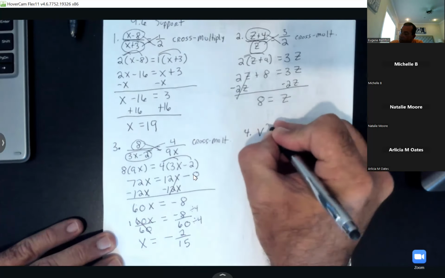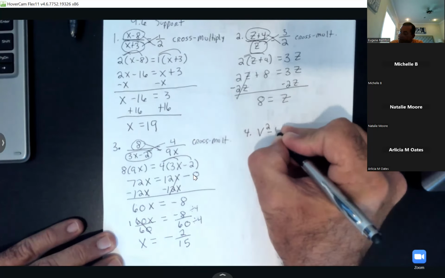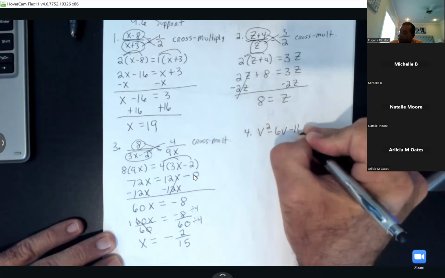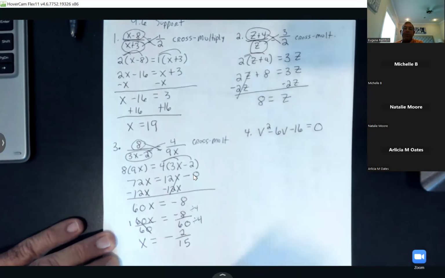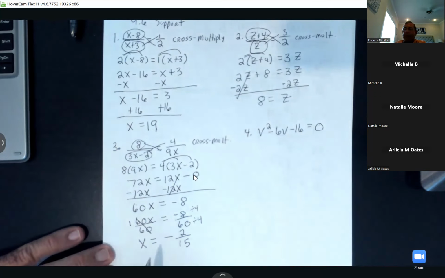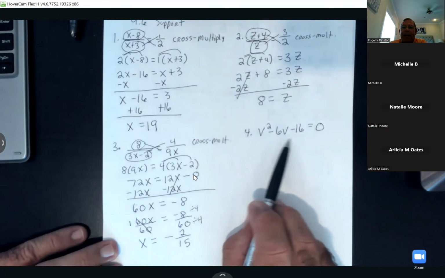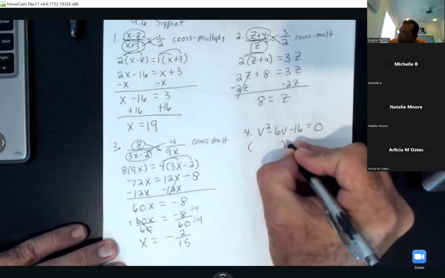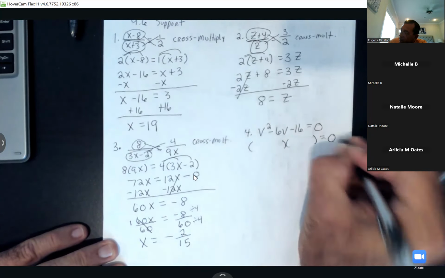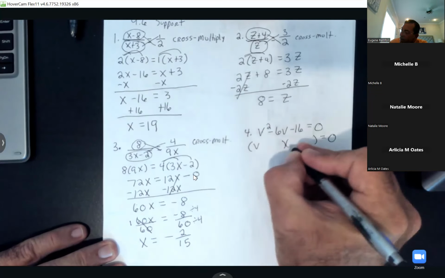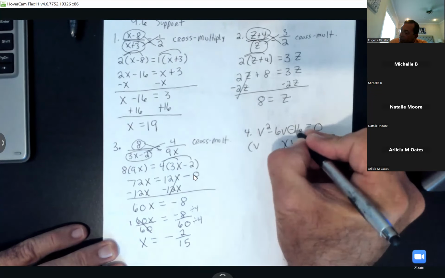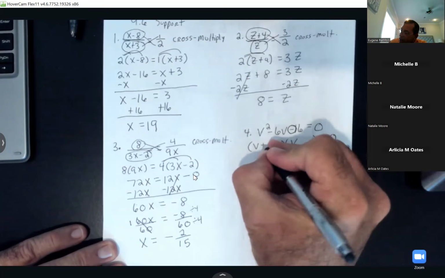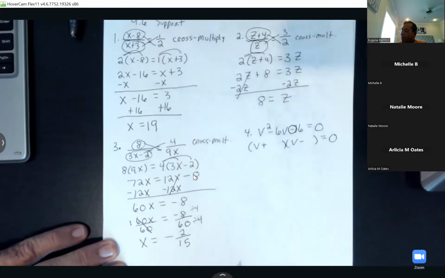All right, y'all, v squared minus 6v minus 16 equals 0. So remember, somewhere we had to factor, so that's what they're doing here, getting you practice at factoring. So I got a v squared, it'll be a v and a v. The last number is negative, so I got a positive and a negative.